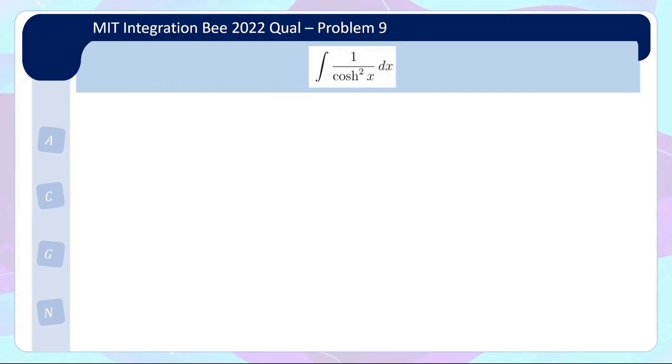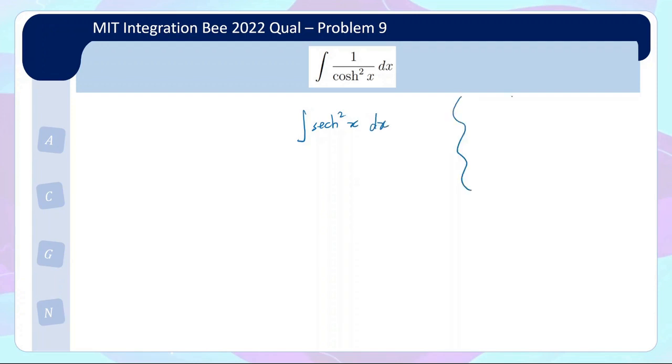So unfortunately, we have another hyperbolic trigo problem, but this one, there's really not much to it if you know the identity. So this is basically asking for the integral of hyperbolic secant squared, right?